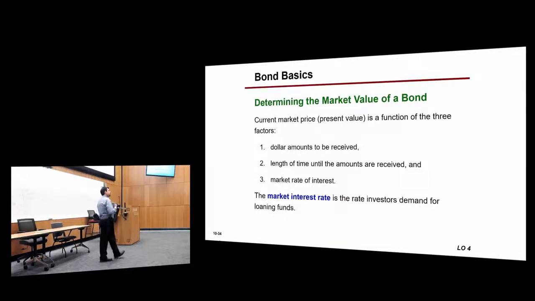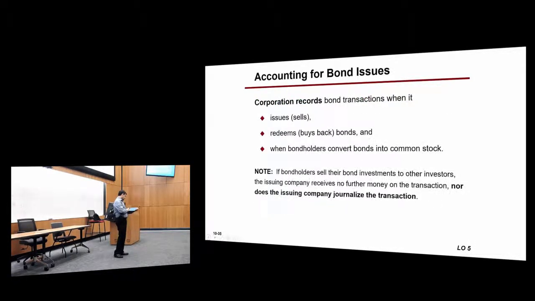There's, of course, the interest that you will receive from that bond. So if it is 5%, that's not the same as 15%. Plus, there's also the market rate of interest.